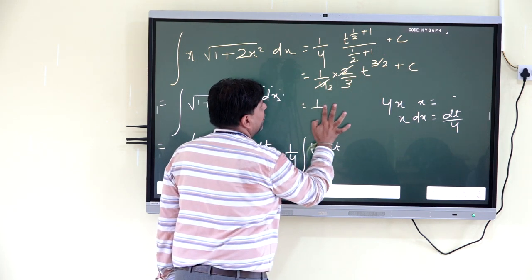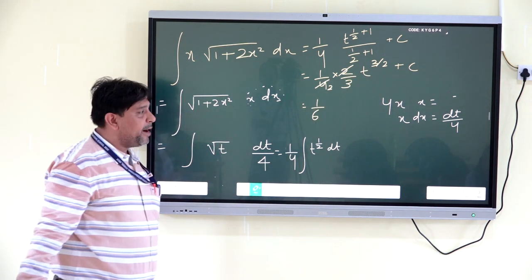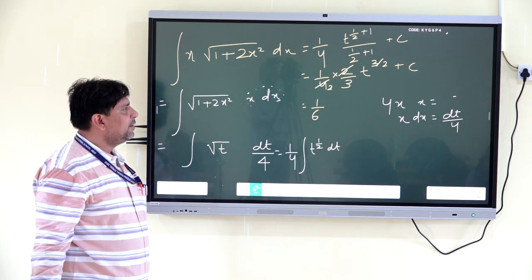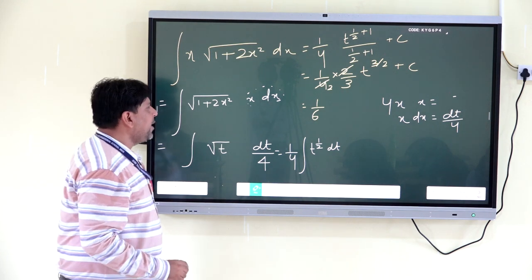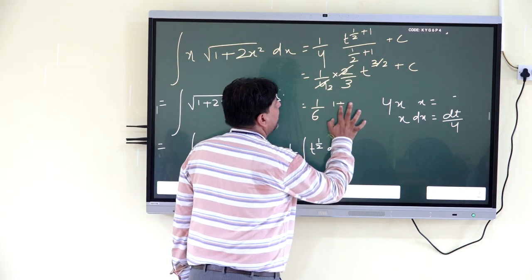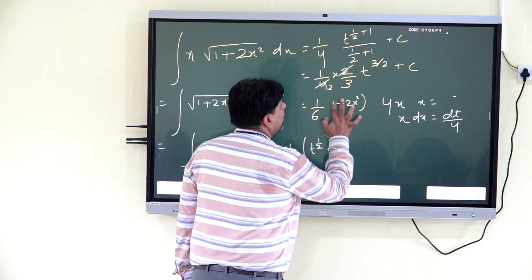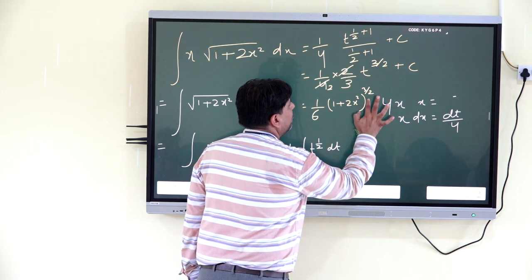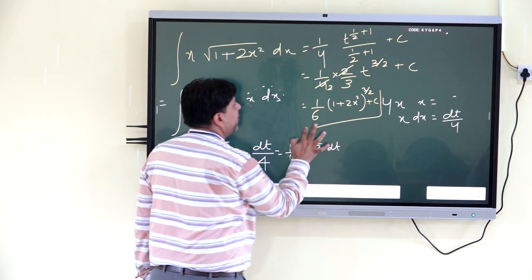So my final answer is 1 by 6 t to the power 3 by 2. What is t? 1 plus 2x square. So (1 plus 2x square) to the power 3 by 2 plus c. This is my final answer.